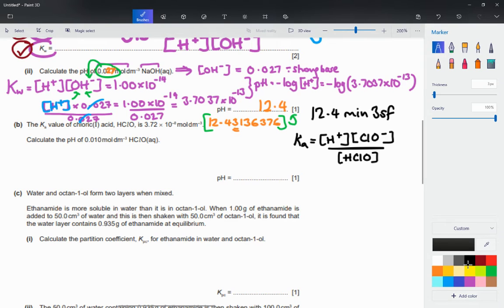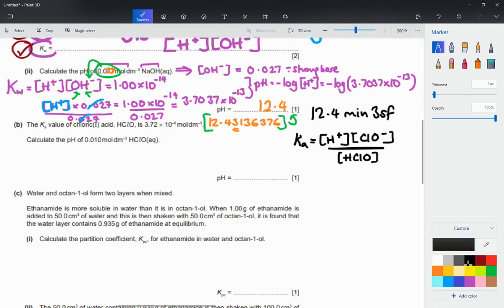So that would actually be the equilibrium constant for this acid.